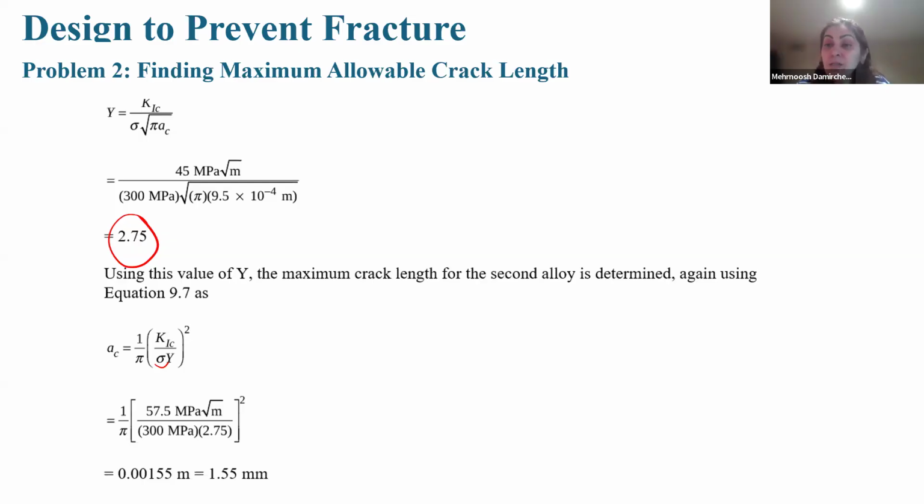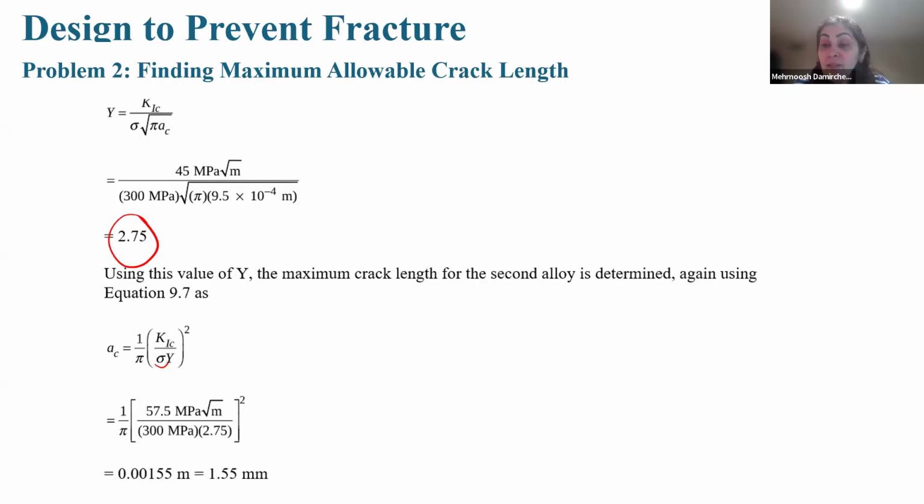The second one is controlling the flaw size, or crack size A, through regular inspections and maintenance. The third one is selecting a material with higher fracture toughness, K1C. A material with higher fracture toughness will be a better candidate for preventing fracture.